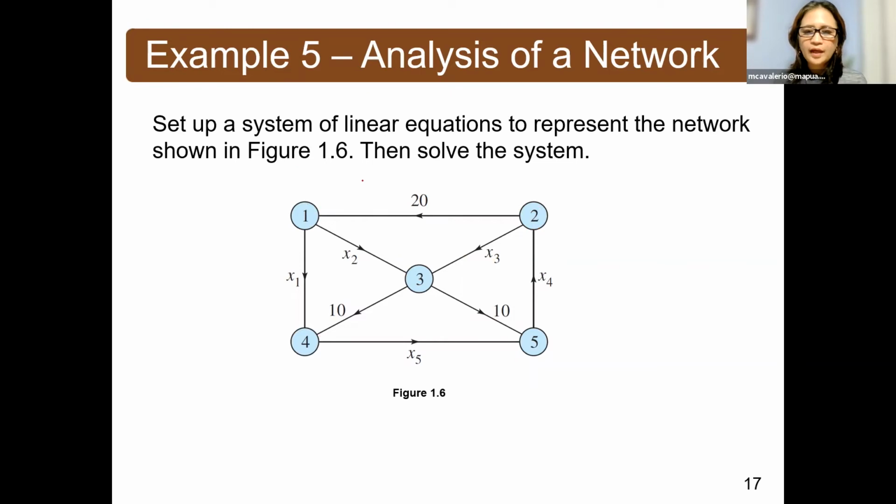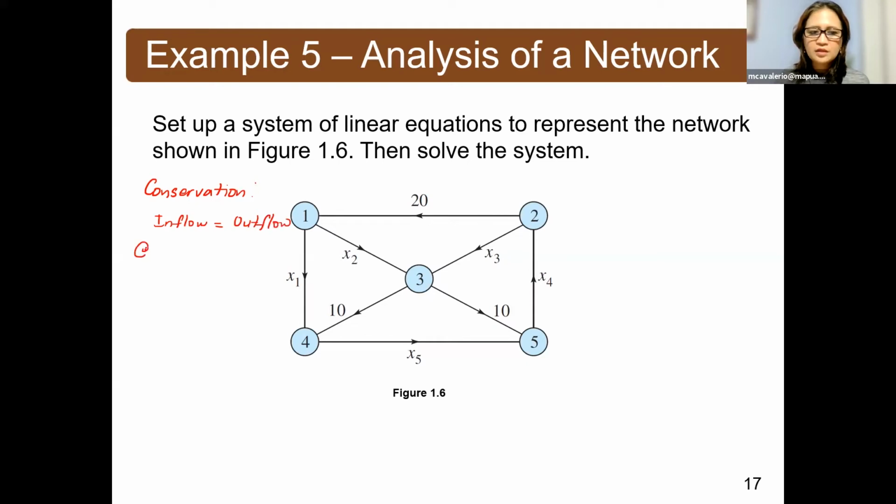And then we apply the conservation principle. That is, inflow will be equivalent to outflow. So applying the conservation principle, you will have inflow is equivalent to outflow.